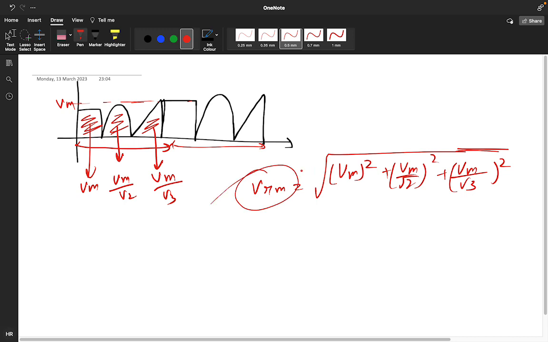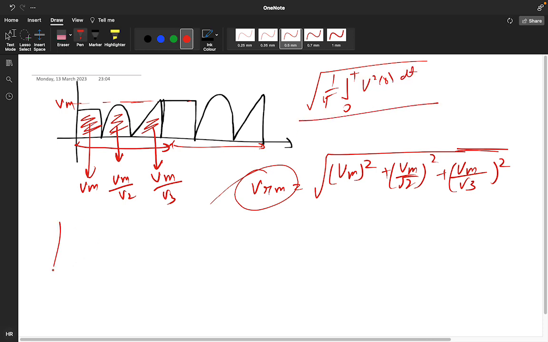Prasanna, is this clear? You have to remember the RMS value of a square, of a sine, and of a triangle. And I have also told you how to solve the RMS value using the formula: root of 1 by T times the integral from 0 to T of v square of t dt.